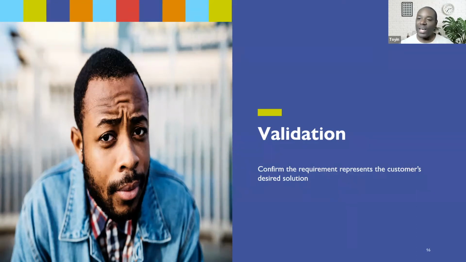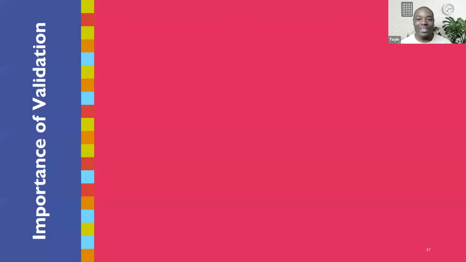So let's talk about why validating your requirements is important. I'm conscious of time now. When you have your requirement validation exercise, really what you're trying to do is to ensure that the requirement meets the needs of the business and the end user. So you want to be sure that that requirement is fit for purpose. The other thing you're trying to do is to ensure that the requirement aligns with the business objective.